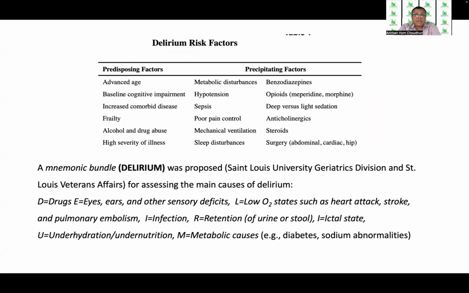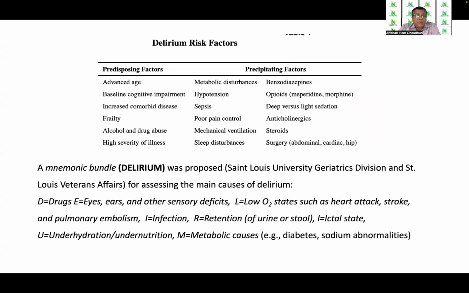The precipitating factors include metabolic disturbances in the form of various encephalopathies, hypotension, sepsis, poor pain control, mechanical ventilation, sleep disturbances, use of drugs like benzodiazepines, opioids, deep versus light sedation, anticholinergics, steroids, and surgeries particularly involving abdomen, cardiac, hip, etc.